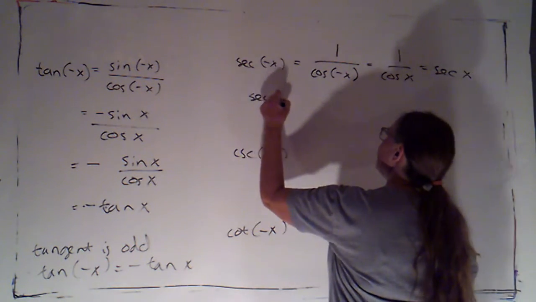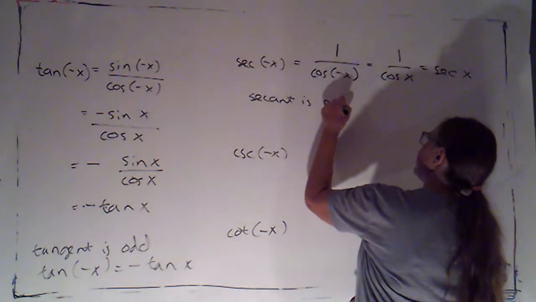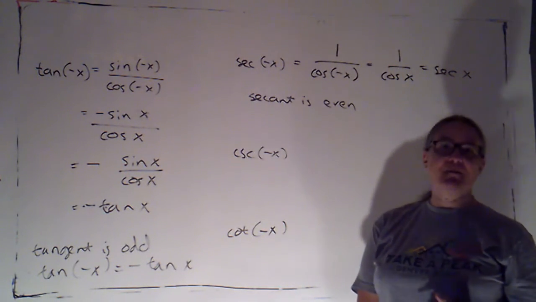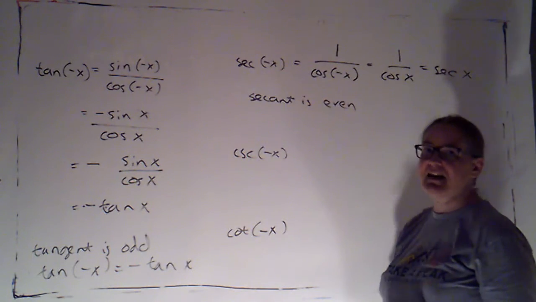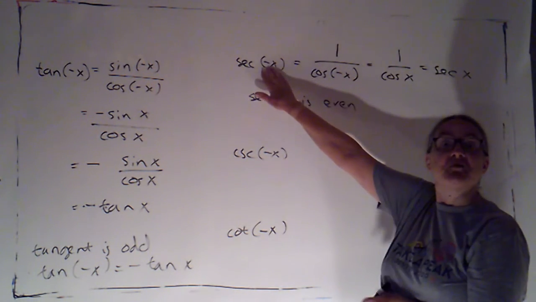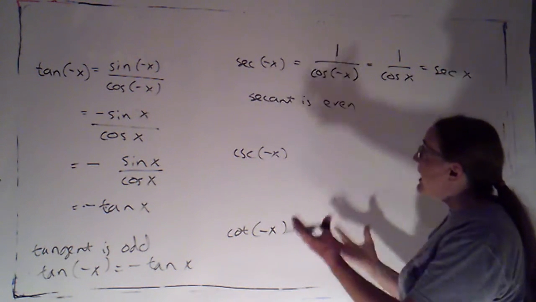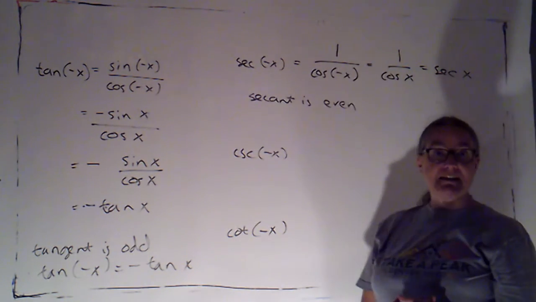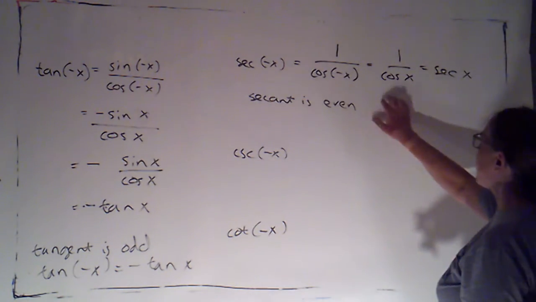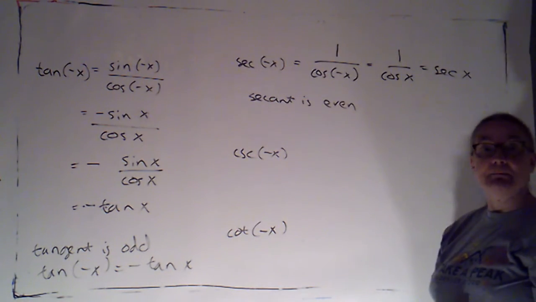Secant is even. We actually saw this when we were graphing some transformations of secant and cosecant. We saw that if we had a negative sign in the argument of the trig function, we were able to use the fact that secant, because it was the reciprocal of cosine, was actually even. This is just how we would go about proving that algebraically.